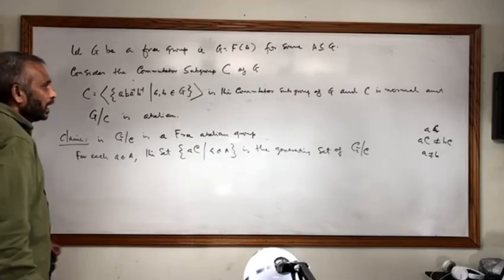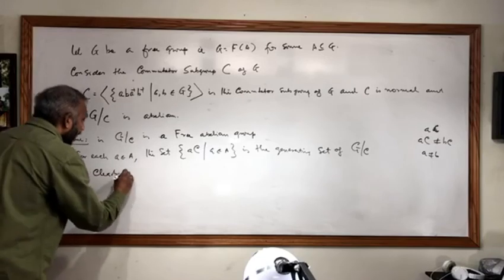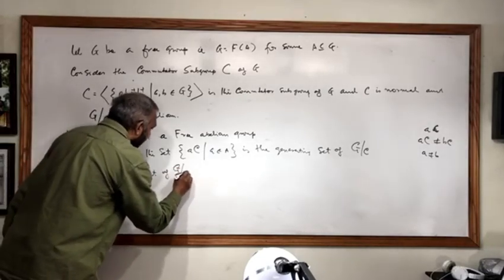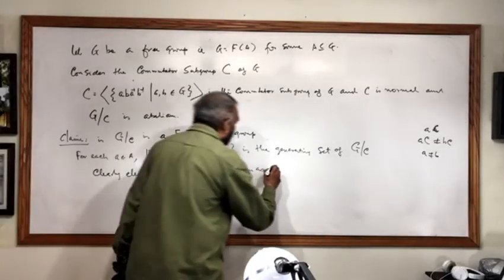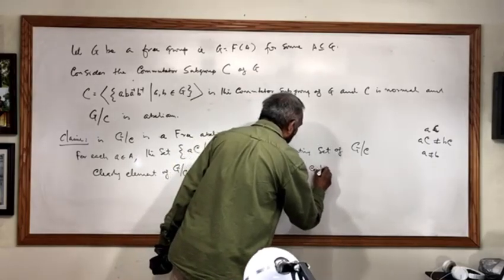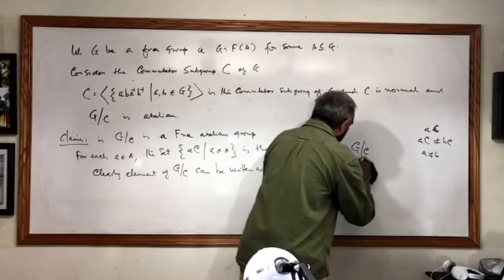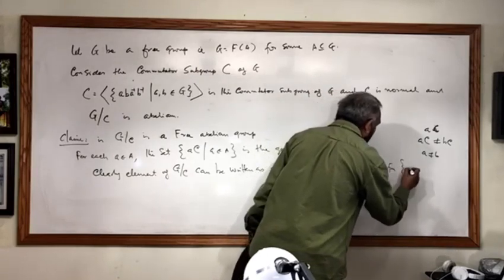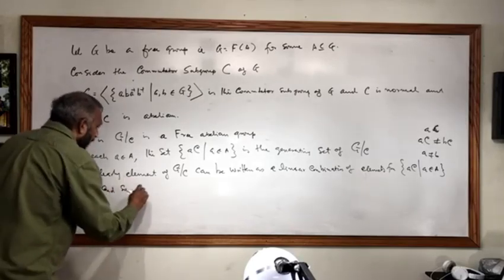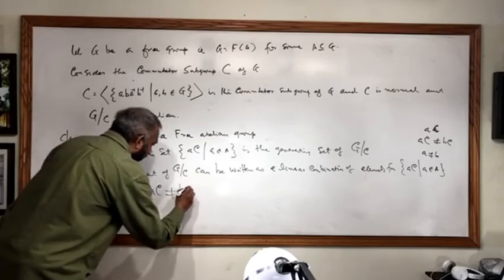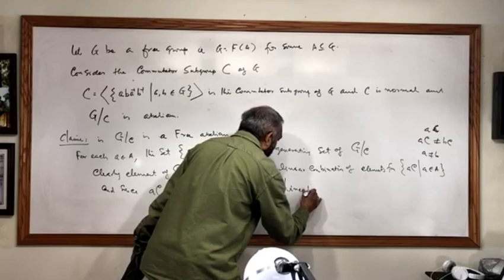Okay? And see this clearly, every element of G over C can be written as a linear combination of elements from aC, a belongs to A. And since aC is not equal to bC implies a is different from b, they are linearly independent.